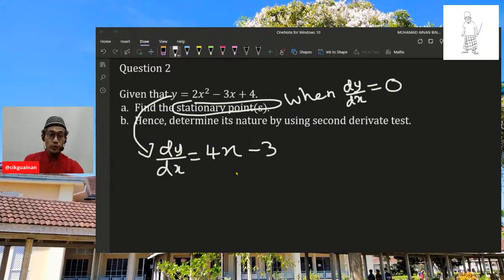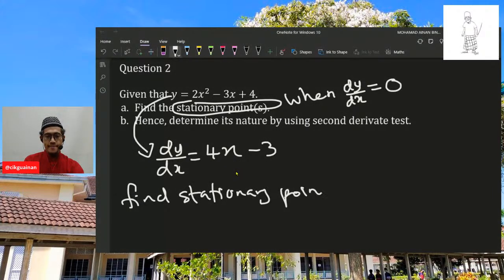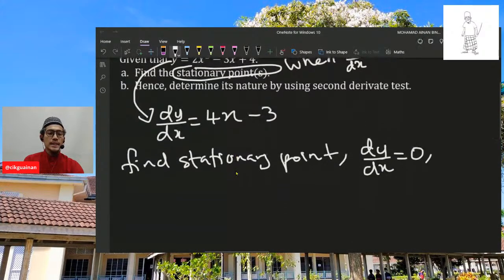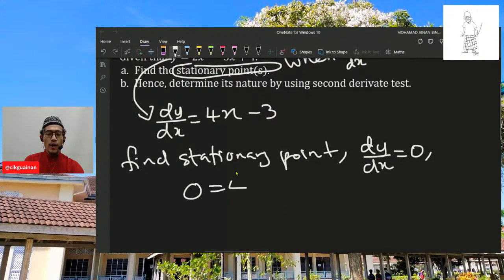We want to find the stationary point when dy/dx equals 0, so 0 equals 4x minus 3.